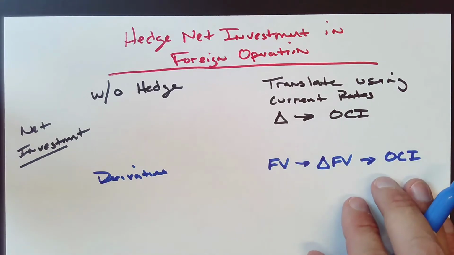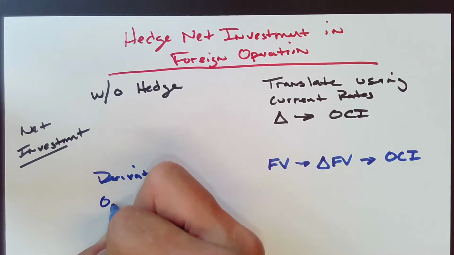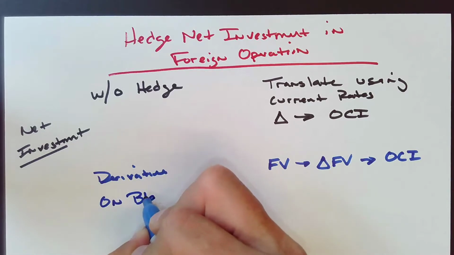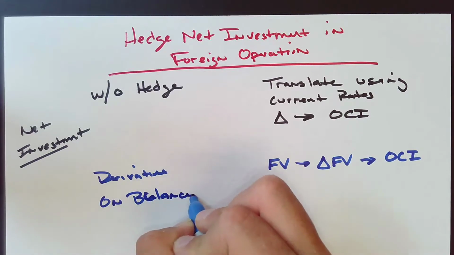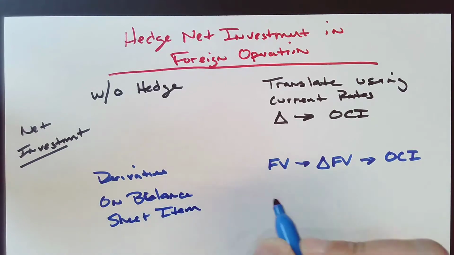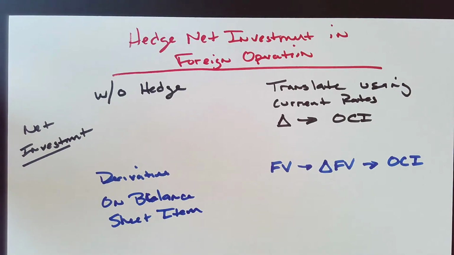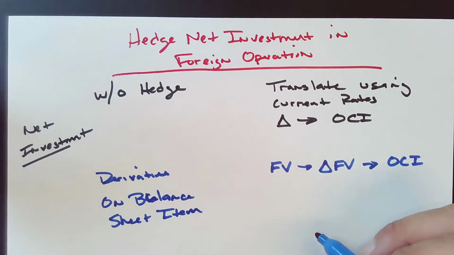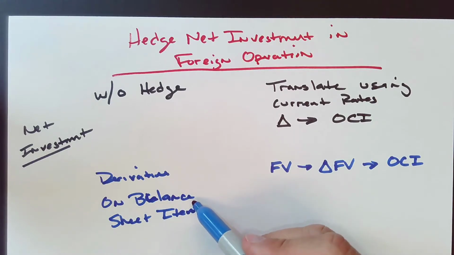If I do it with an on-balance sheet item, it doesn't always have to be a derivative. And I can take out a loan.